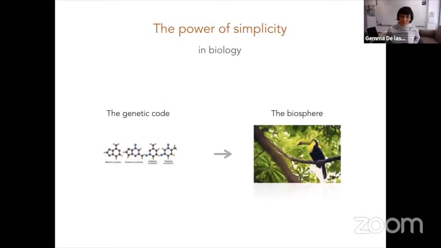And obviously, the example I'd like to understand, but unfortunately, I won't have anything to say about it, is the one about the stunning complexity of the biosphere, which is generated by a very simple code of only 4 letters.